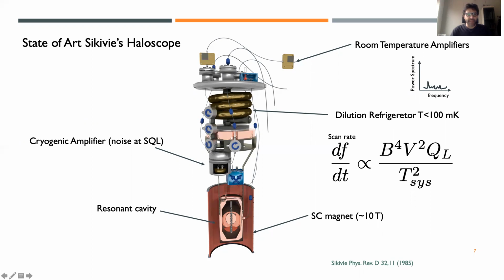Everything is put inside a dilution refrigerator at about 100 millikelvin. The signal is amplified with an amplifier that usually has a noise close to the standard quantum limit, that means one single quantum of energy. And there is a further amplification at room temperature. Finally, the signal is acquired, down-converted, and the power spectrum is measured.